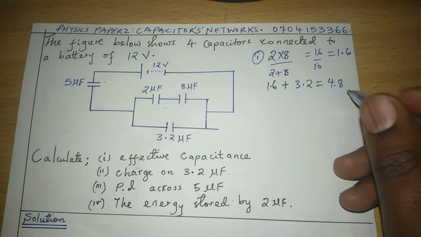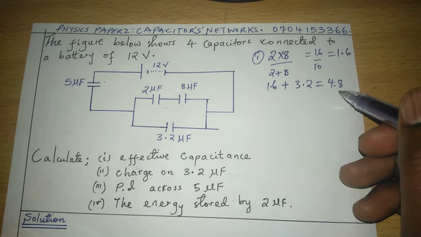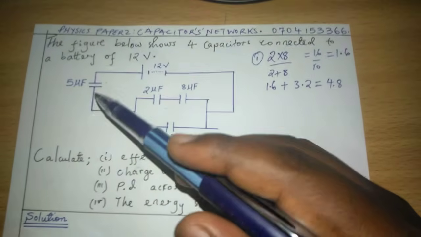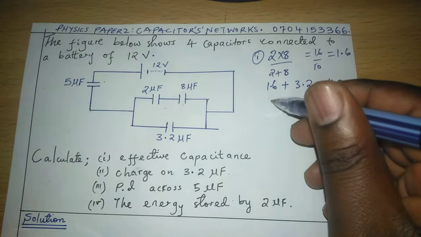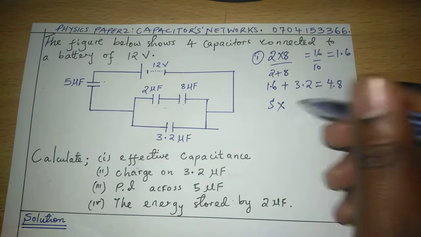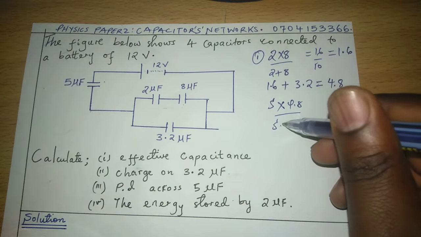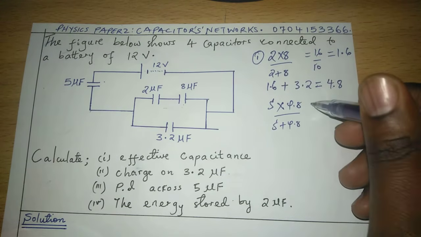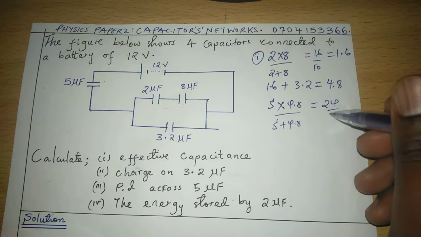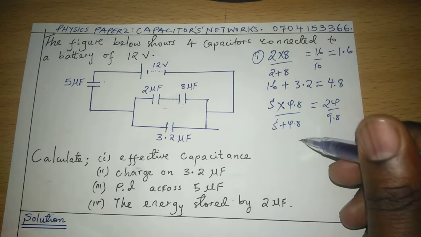Now after that, the 4.8 microfarad capacitor is in series with the 5 microfarad capacitor. Therefore, we take the product, 5 times 4.8, and divide by 5 plus 4.8, which gives us 24 over 9.8.